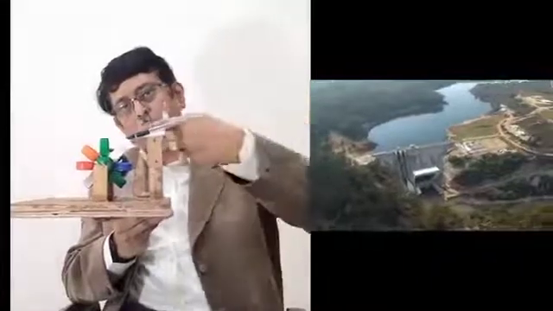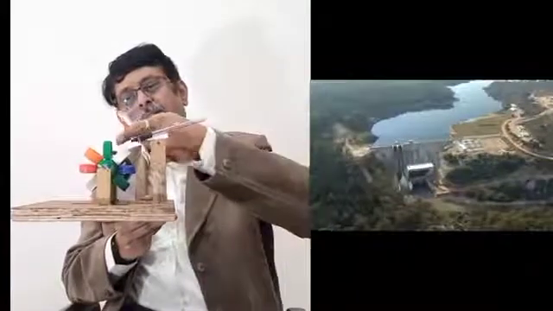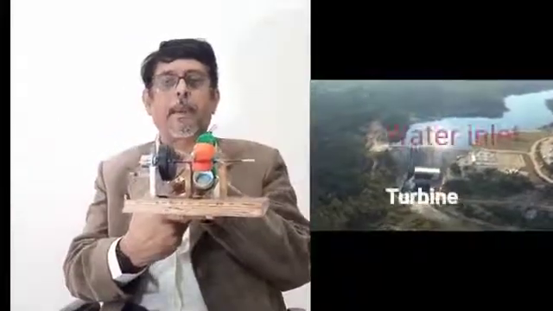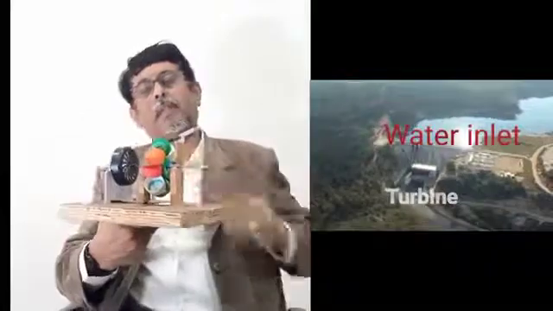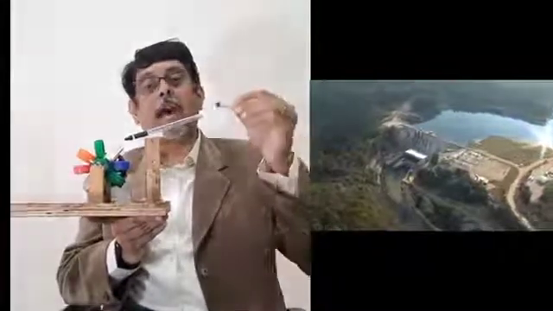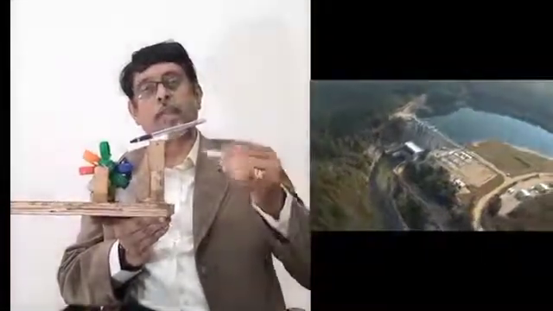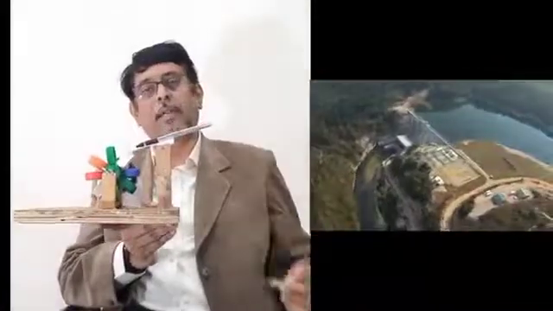Now just imagine, if I have a continuous flow of water, then these wheels are going to move, and hence it is going to operate the turbine, and from the turbine I'm going to get the electricity. So I call this a hydraulic turbine because I am using water. Hydraulic, hydrogen, H2O, hydraulic or hydroelectric power plant or hydropower plant.